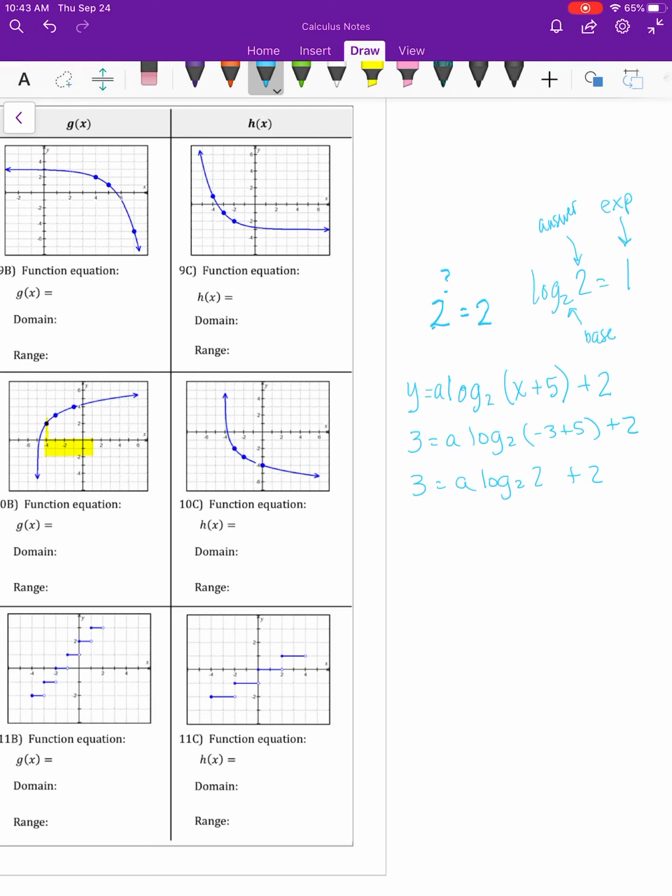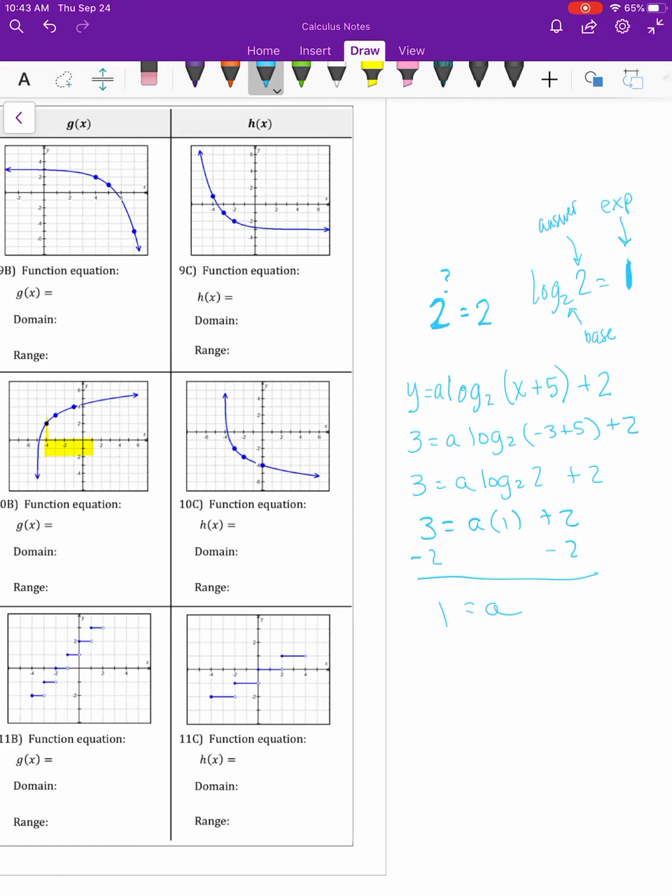This is my base right here. 2 to some power is 2, and that power is 1. So that's the answer to my logarithm. And so this is going to be 3 equals a times 1 plus 2. I'm going to subtract 2 from both sides. So my a is 1.